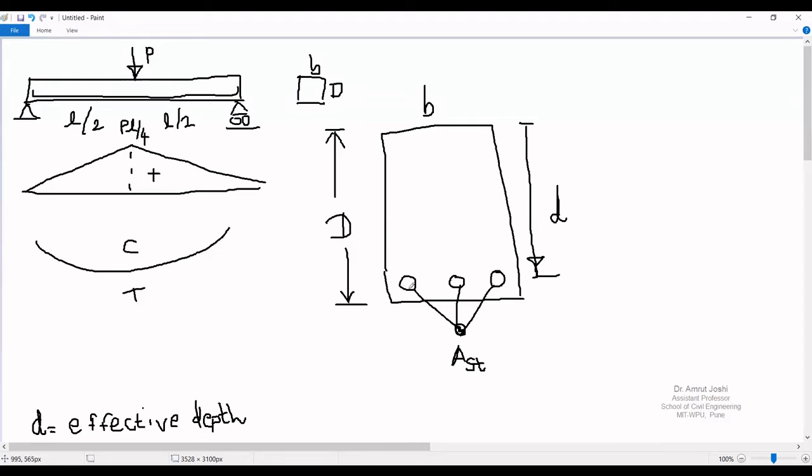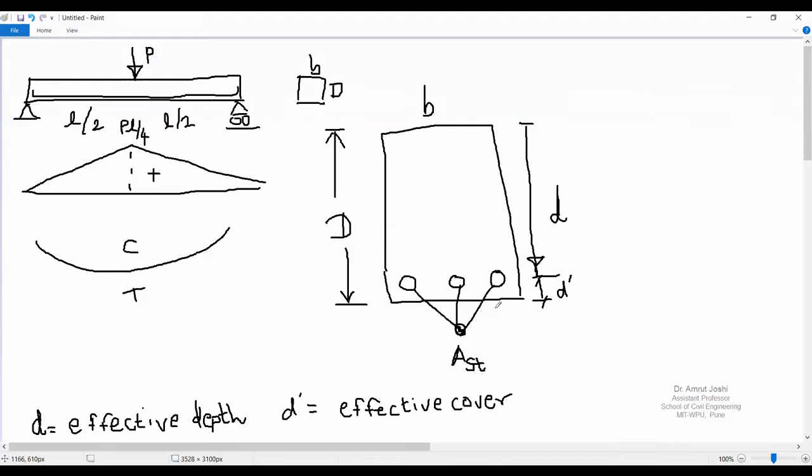Then the distance of the centroid of this AST from the extreme tension fiber is called the effective cover. So d dash here is called the effective cover to the tension reinforcement.